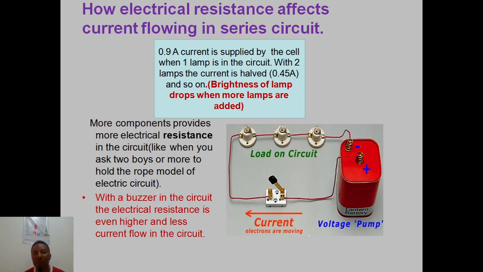That is to say that the resistance to the flow of charge has increased. Is that clear? Now, with a buzzer in the circuit, the electric resistance is even higher and less current is going to flow, because a buzzer provides more resistance compared to a lamp.